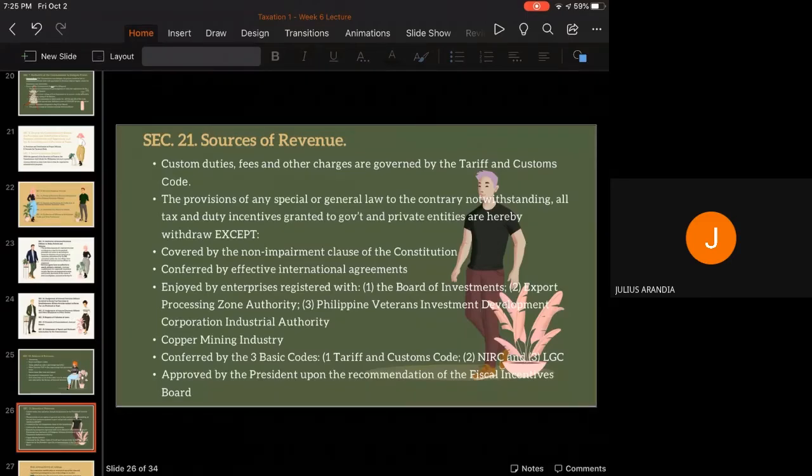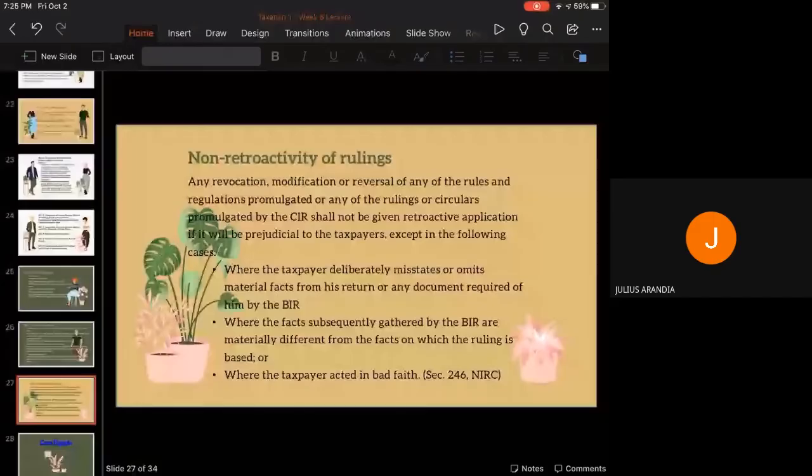The last topic is non-retroactivity of rulings, which I've mentioned already in our last lecture. As a general rule, rulings are prospective in nature and they cannot be given retroactive effect if it will be prejudicial to the taxpayer, except on the following.